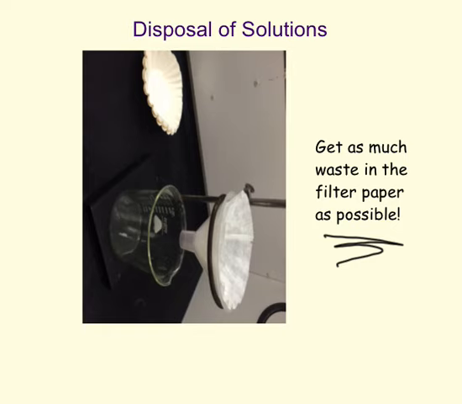Try and get that into the filter paper as much as possible. You can go ahead and dump into the filter paper, squeeze a little bit of water into the test tube, rinse it around, and then try and get it in there again. The rest of it can just be washed down the drain, as long as you get as much as possible into the filter paper. Again, remember to always do a final DI rinse for your test tube.